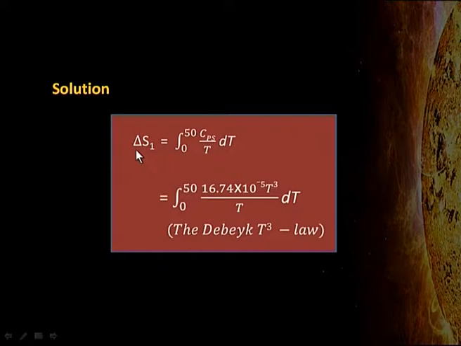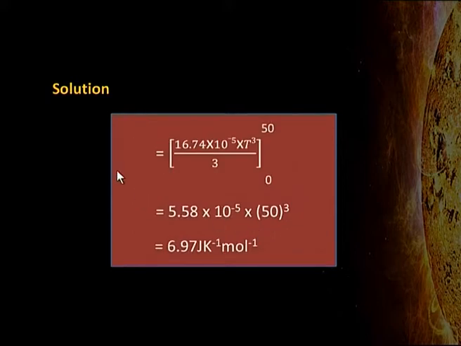Now, delta S1 will be equal to the integral of Cp S divided by T dT within the limits 0 and 50, and substituting all the values and using the Debye T cube law, we will have delta S1 equal to 6.97 joules per Kelvin per mole.